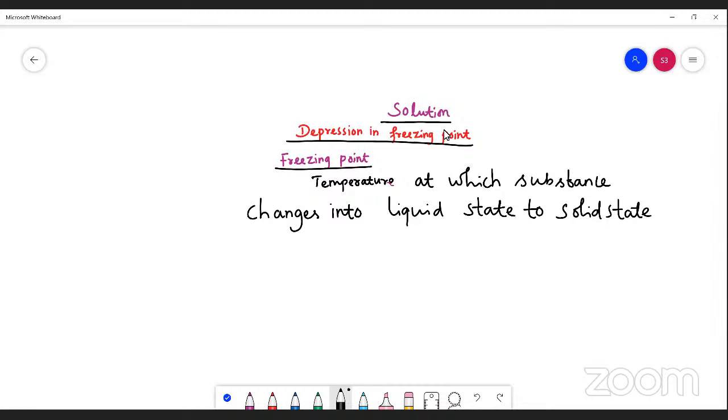But in terms of definition, we are going to talk in terms of vapor pressure.